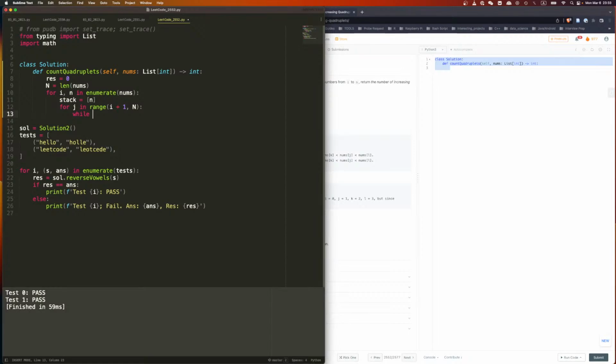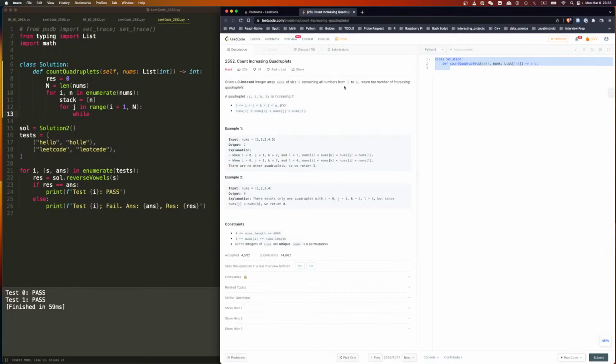Well, I thought I had an idea. This one works, but I need to find an increasing subsequence. But the question is, how do we find an increasing subsequence?